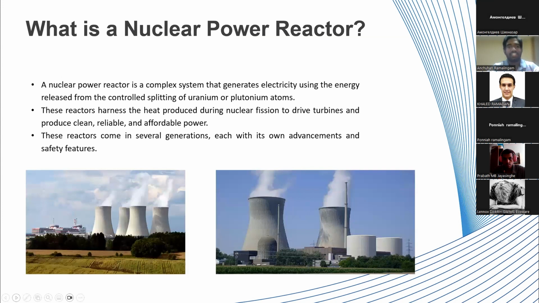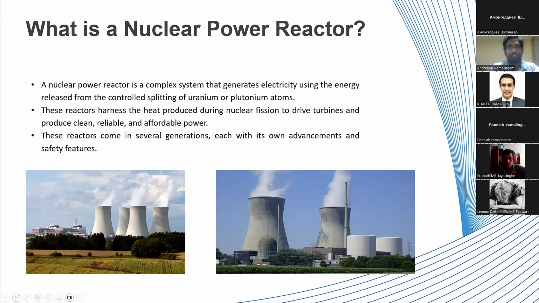First of all, let's start with what is a nuclear power reactor. The nuclear power reactor is the device which converts the nuclear energy into thermal and then to electrical energy, so it can be used by us. Usually, it's done by splitting of the nuclei, which is known as the fission.